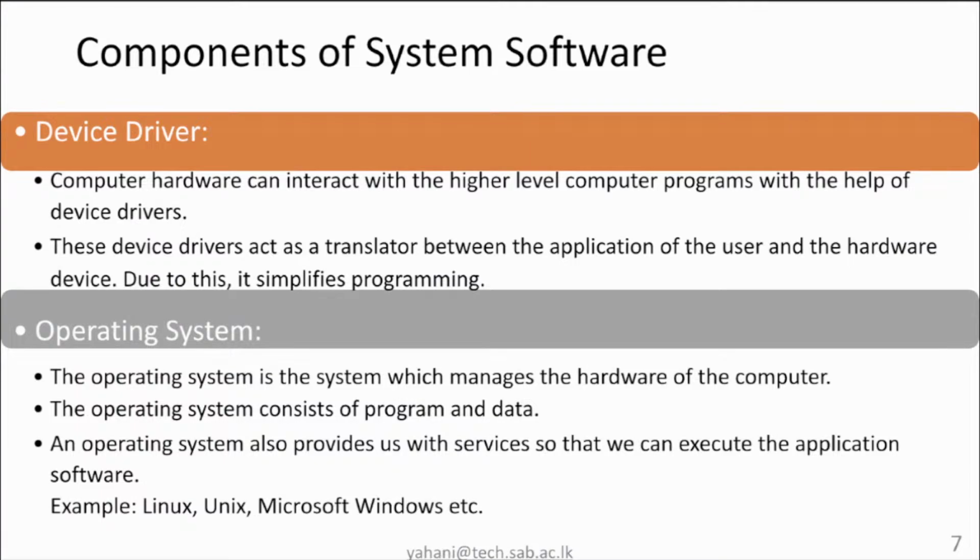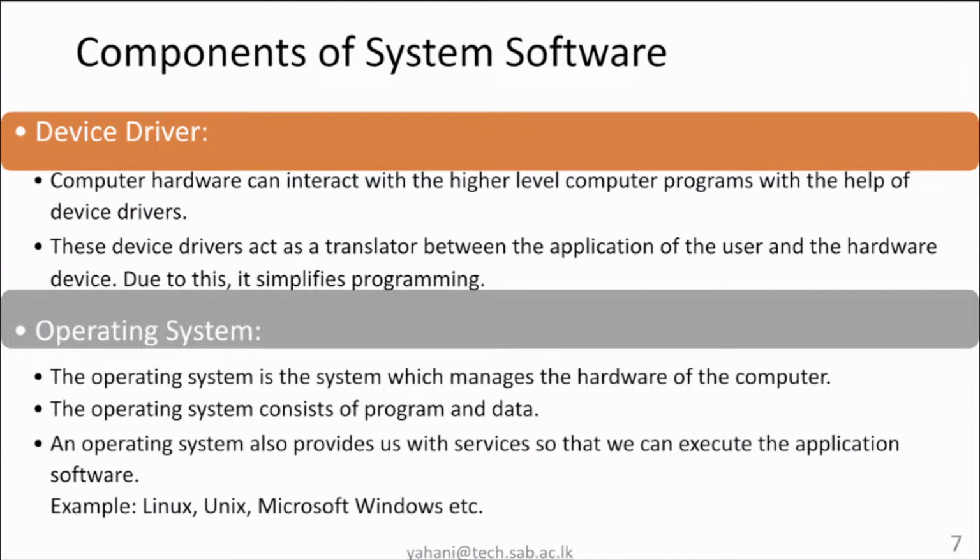Then we are using Windows, Mac OS, Linux, Ubuntu. Those are examples of operating systems. Without one of these operating systems, we cannot use our laptops. We can use our laptops, but only with the command line.